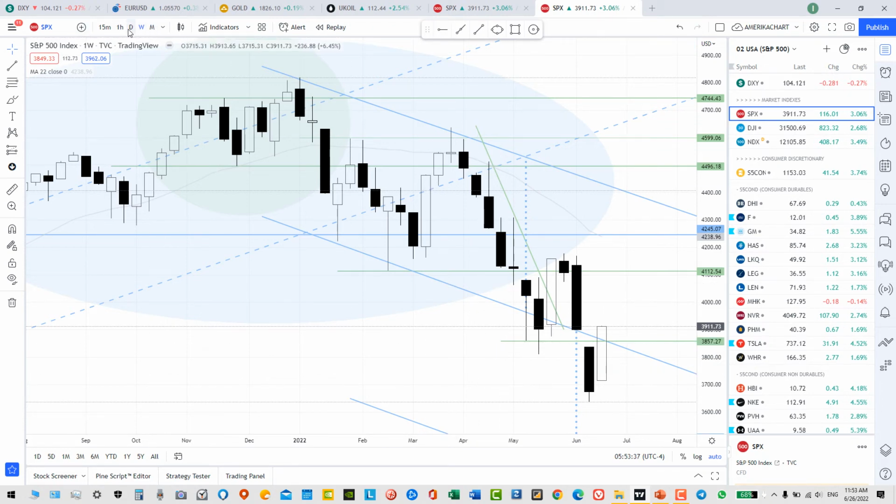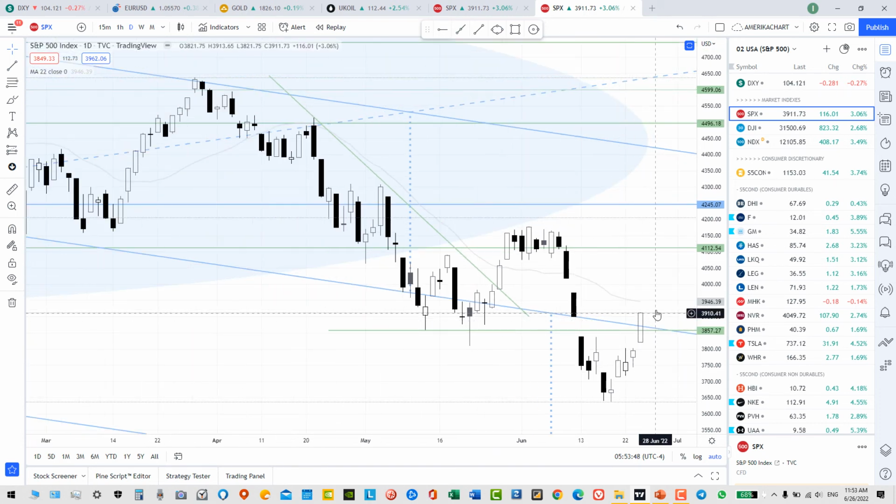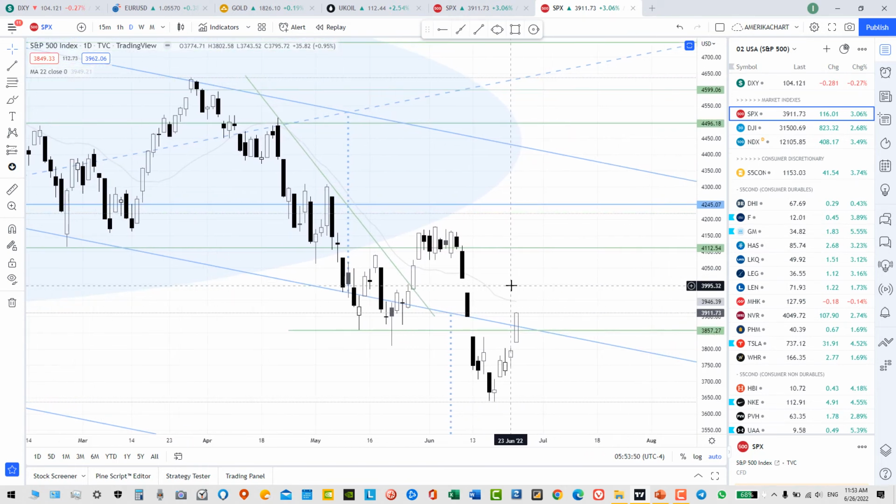On the daily chart, we see that there was a buyer's control on the final weekday, Friday, and it managed really to close above the channel line. So there's nothing new over the daily chart to be said. Just keep in mind that as long as the index manages to close above 3,857, it is okay, and a correction is likely to continue targeting 4,100.